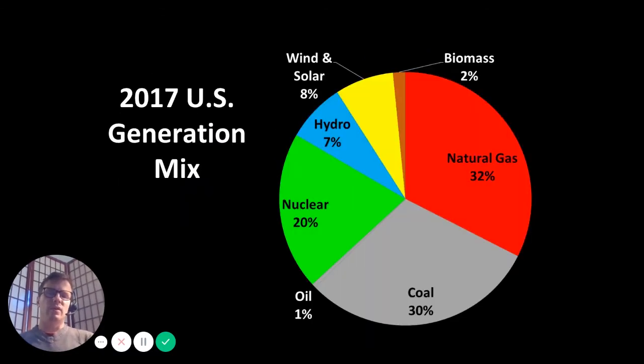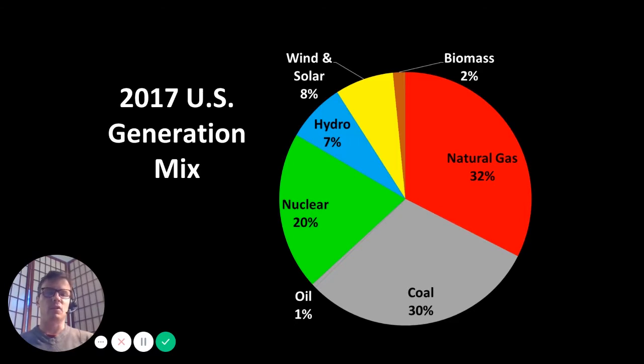So the variable costs associated with meeting that electricity demand also depend on what types of generation we're going to use to meet that electricity demand. And remember, this mix of resources that gets used to meet electricity demand can vary from state to state. What this shows is the 2017 generation mix on average for the entire United States.